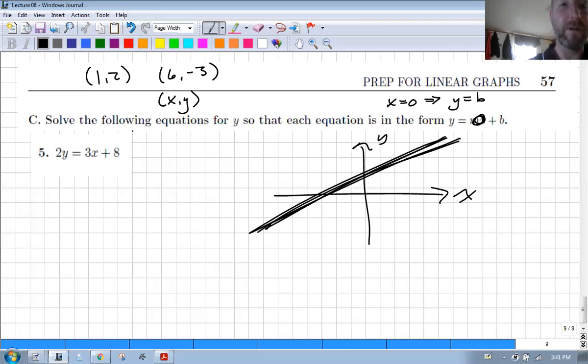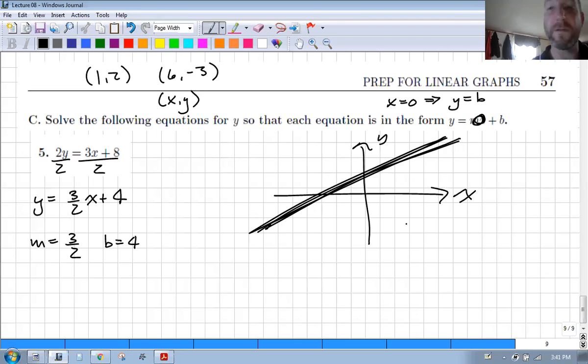So for example, over here, if we divide everything by 2, we have y equals 3/2 x plus 4, since 8/2 is 4. So here our m is 3/2 and our b is 4.